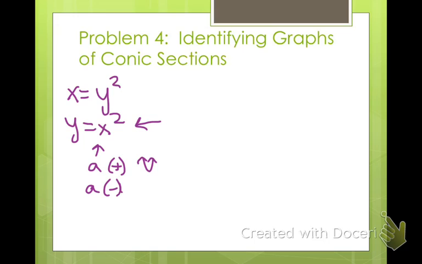If our value of a was negative, it was sad and points down. So that's what we did first semester. Now this one, can you make a conjecture about what you think these ones are going to do? Instead of going up and down, these ones are going to go left and right. So if it's positive, it's going to go to the right. If it's negative, it's going to go to the left. So we'll learn more about conic sections in the next section.